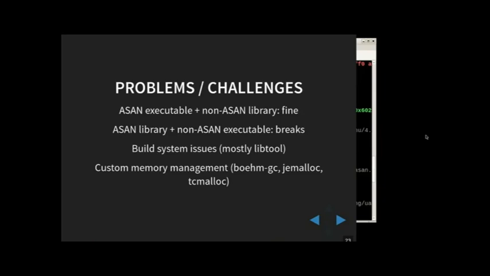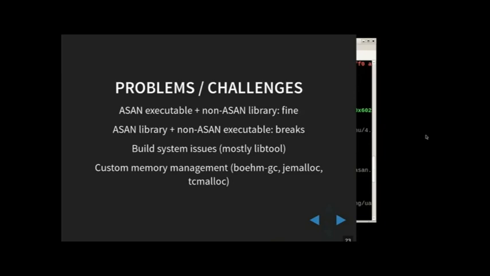So if you compile your system OpenSSL with Address Sanitizer, then all the binaries that are not compiled with Address Sanitizer will stop working. So if you're recompiling your system with Address Sanitizer, you have to check in which order you do it so that nothing breaks. And you also cannot easily just exclude one package. If you want to exclude something, you also have to exclude all the dependencies.